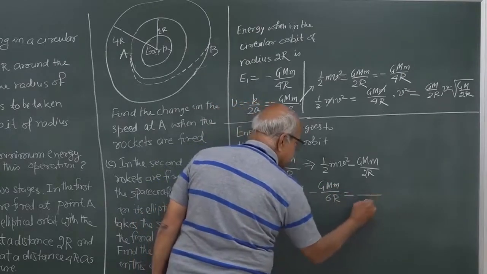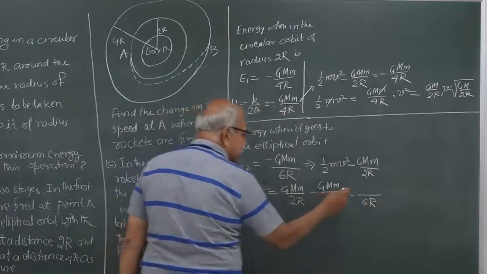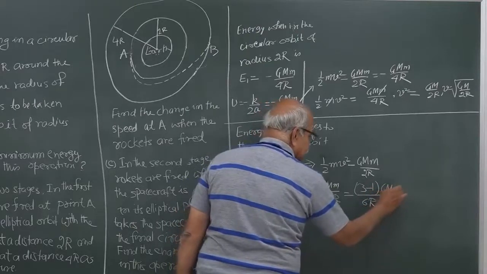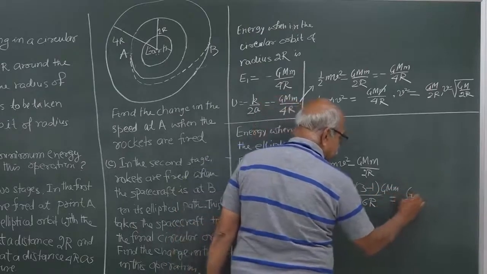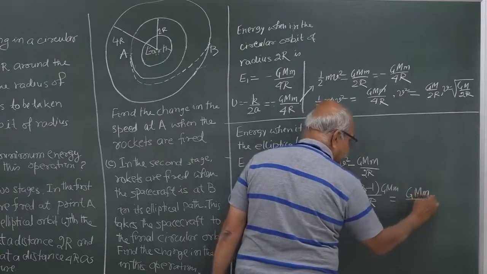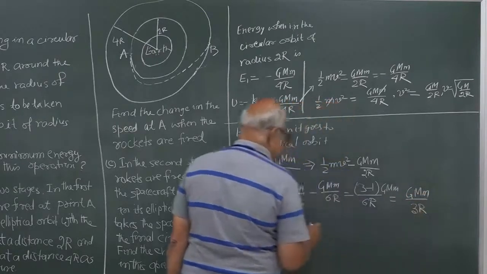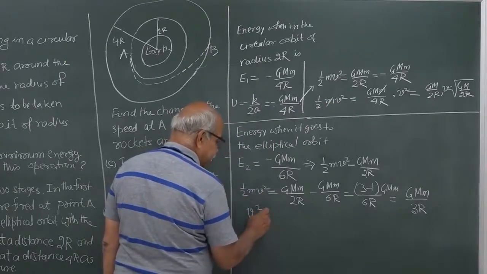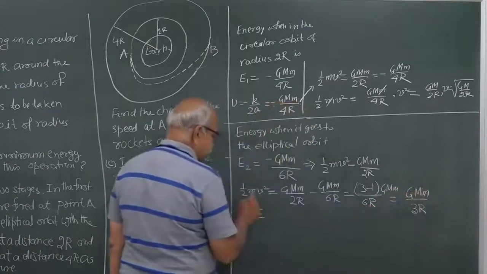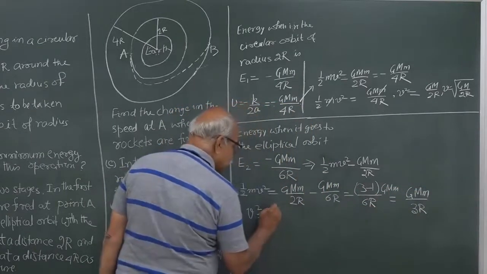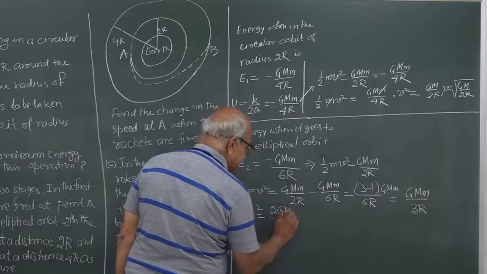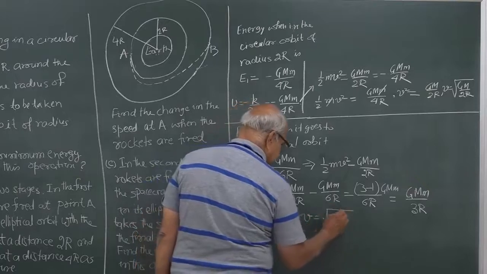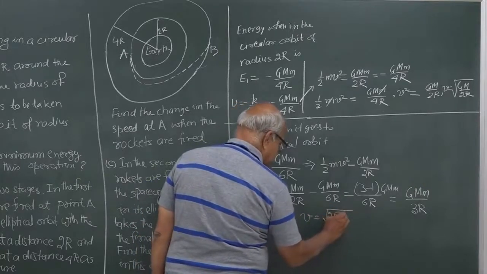So 6r here, and this is 3 times, and this is minus 1 times GMm, so this is GMm over 3r. Therefore v square is equal to, m will cancel out and this 2 will go there, 2 times GM by 3r, and so v is equal to square root of 2GM over 3r.